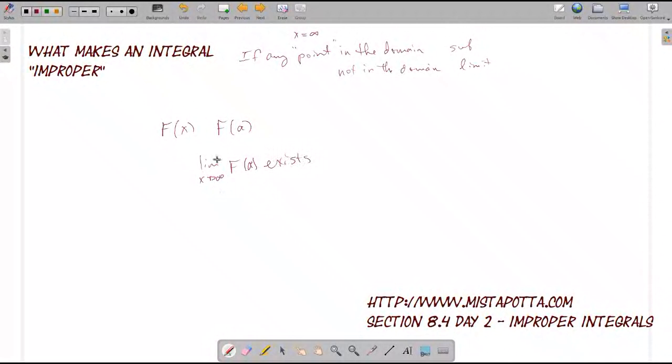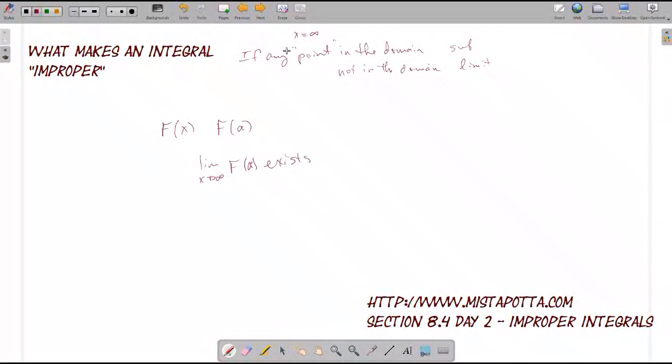So either the limit's going to exist, or I can actually substitute because it is an element of my antiderivative's domain, even though this wasn't necessarily a point in my original function's domain, even if we're talking about x equals infinity.